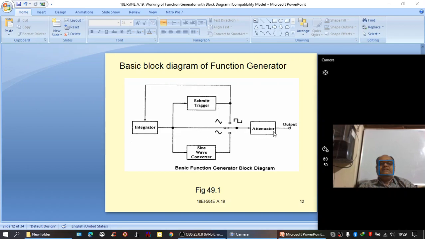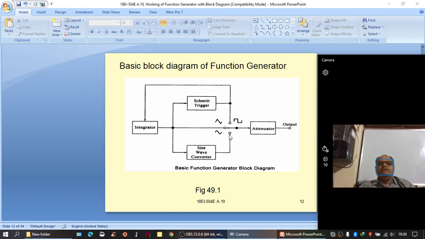That can be directly taken out to the attenuator when the function select switch is in the middle. That integrator output, that is the triangular wave output, is given to the sine wave converter.